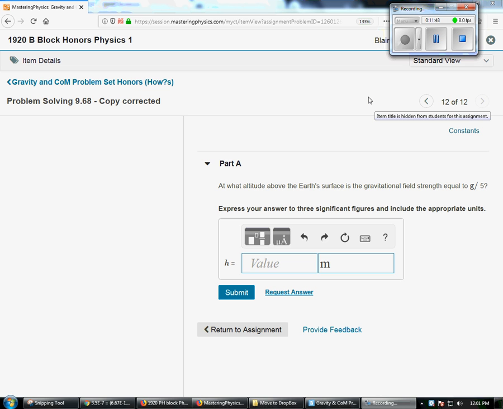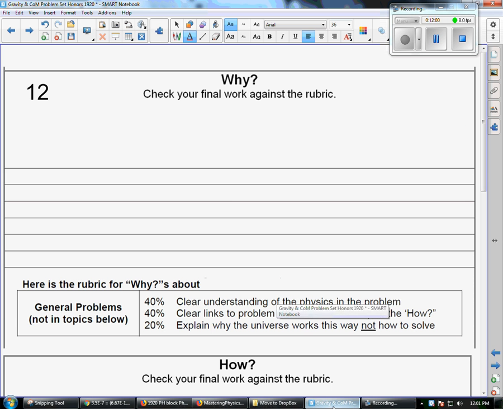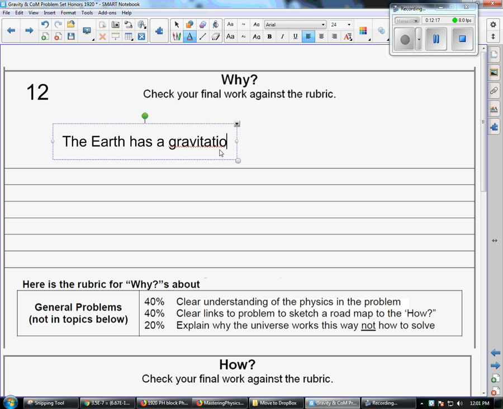All right, on to 12. Asking me what altitude above the Earth's surface is the gravitational field strength equal to G over 5. All right, so now we gotta do our Y for this one. Start off simply. The Earth has a gravitational field since it has mass.